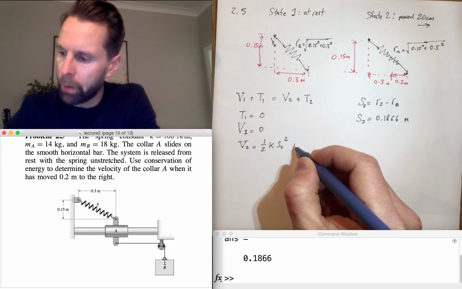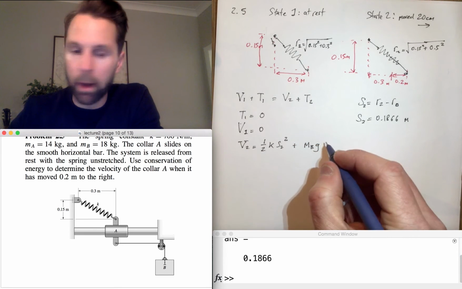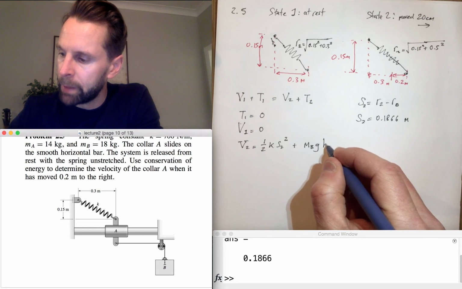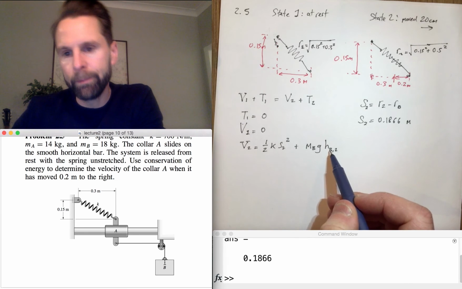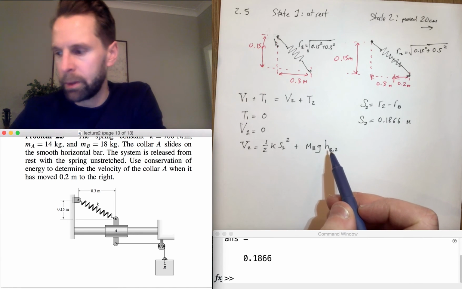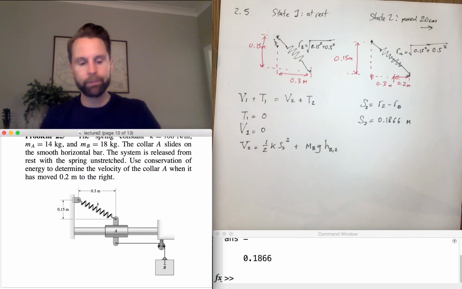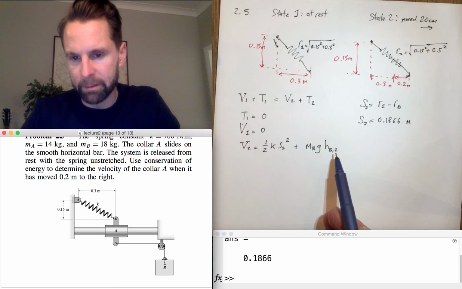So we've also got a potential energy term due to mass B moving, and that there is the elevation of B at position 2. Do you remember I said that the elevation at position 1 is 0? So this elevation is going to be negative.